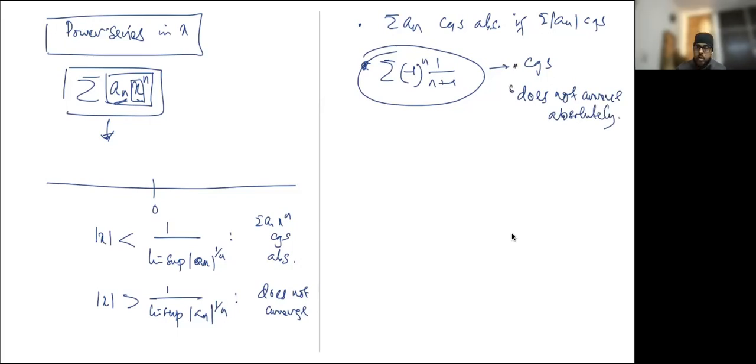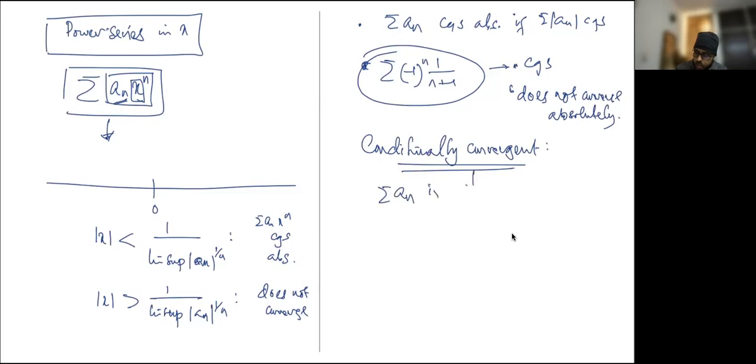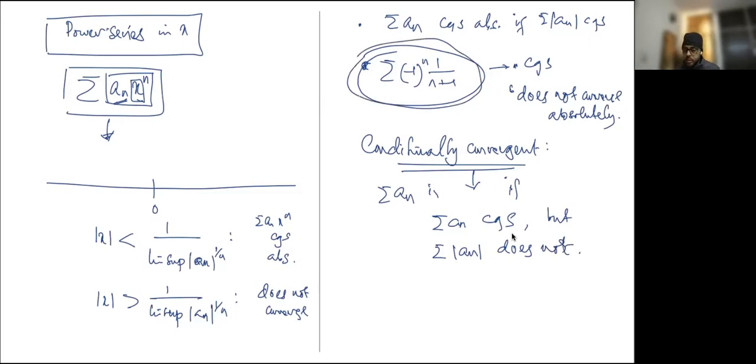Such series are called conditionally convergent. So a series is conditionally convergent if this converges but this does not converge. So this is an example of a conditionally convergent series.